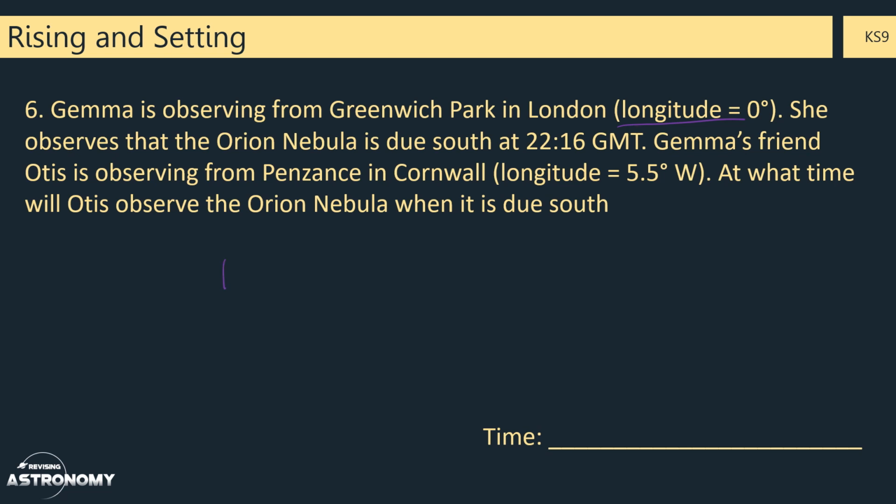Again, we can use the same conversions that we were using. We said that 1 degree was equivalent to 4 minutes, and we know that Otis is 5.5 degrees different. So how do we get from 1 to 5.5? We times by 5.5. We do the same on this side, which will give us 22 minutes.